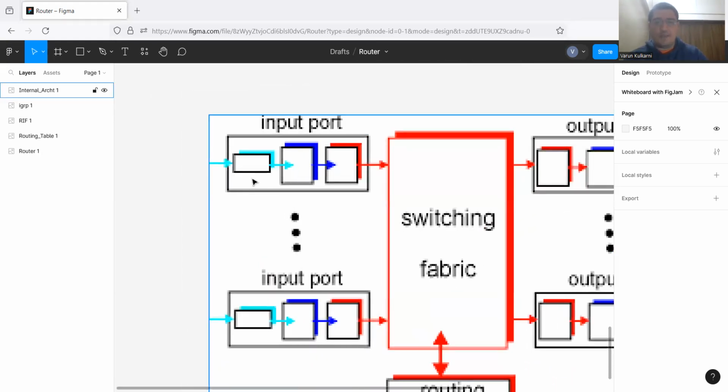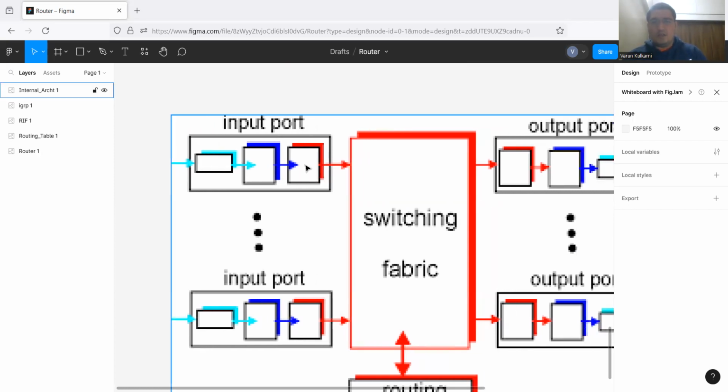Upon receiving the data packet, it first removes the physical link of the data packet, which is followed by decapsulation of the message. After the decapsulation, the input port sends this packet to a forwarding table, which determines the specific output port the data packet needs to reach.